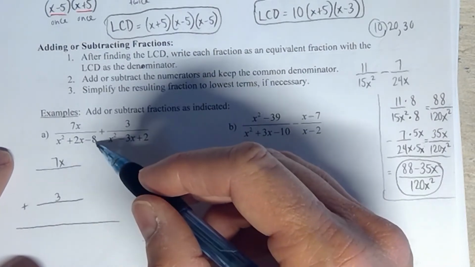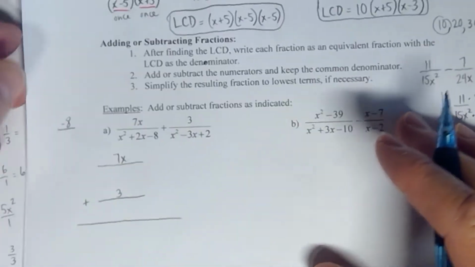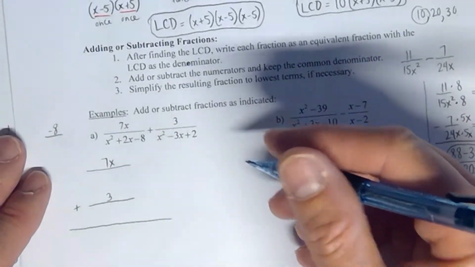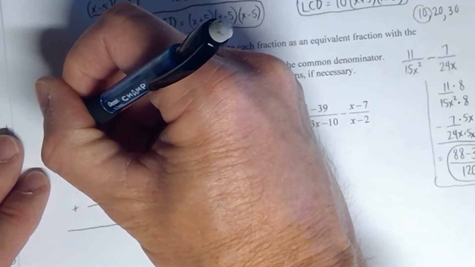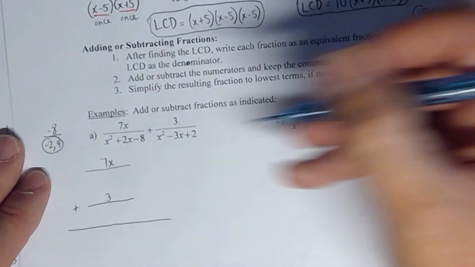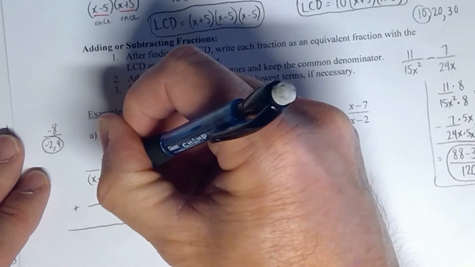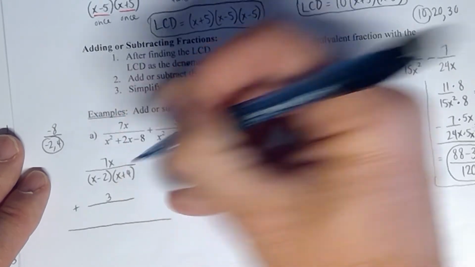Okay, this is the Berry method here. We need two numbers that equal -8 when we multiply them, but they need to add up to 2. How about -2 and 4? That would work. So we're going to get x minus 2 and x plus 4.